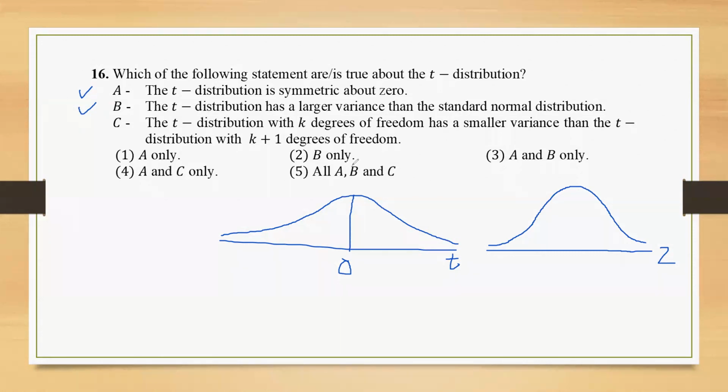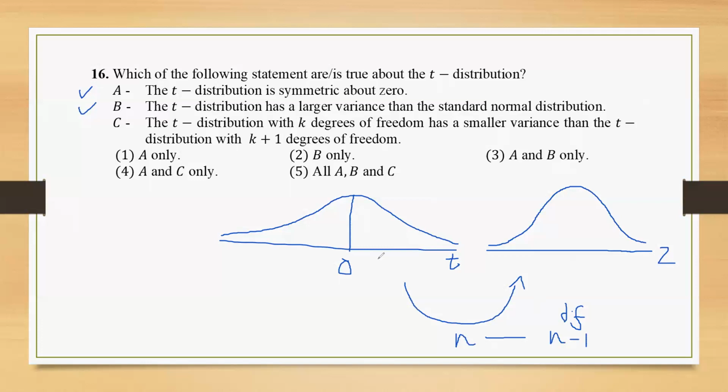So actually it is incorrect, because we know that when the sample size increases, what is the parameter of the T distribution? Normally we say it is the degrees of freedom. You know it is n minus 1. So n minus 1 increasing means n increasing, it is the same thing.